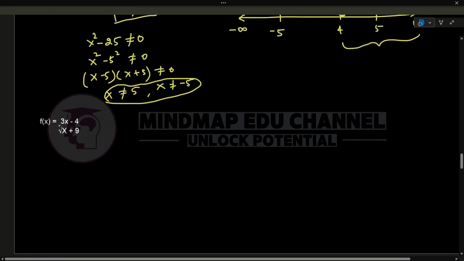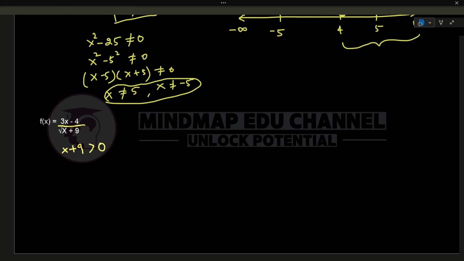F of x is equal to 3x minus 4 over root x plus 9. Here the denominator is a radical function. So, x plus 9 should be greater than 0. Why have we not taken greater than or equal to 0?